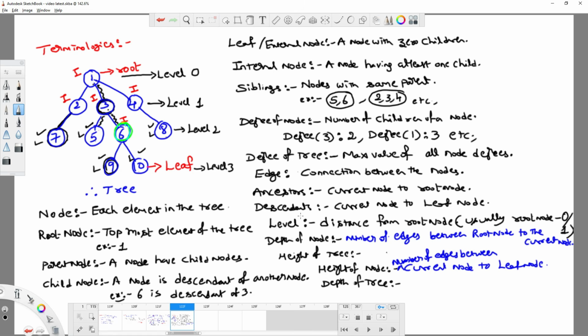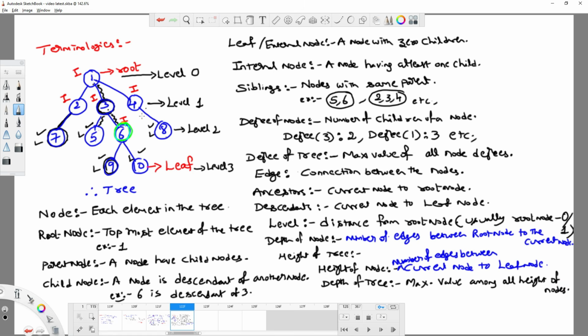For example, you have to find out the height of all the nodes, and then you have to pick the largest value. So I can say it is the maximum value among all heights of nodes. Have you understood this meaning?